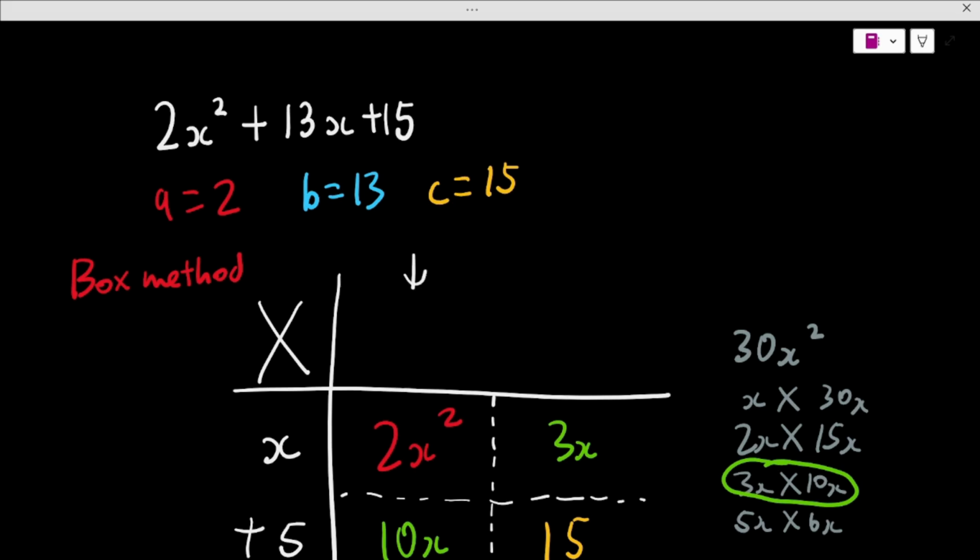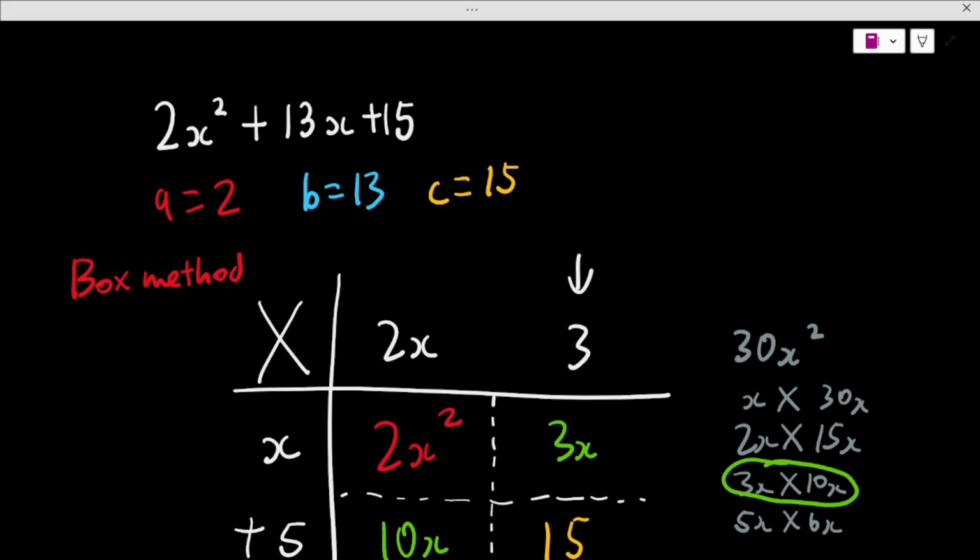Now let's look at this column right here. In this column, both 2x squared and 10x can be divided by 2 as well as x. So technically, the greatest common factor between these two is going to be 2x. Finally, we'll look at this column right here. 3x and 15 can both be divided by 3.